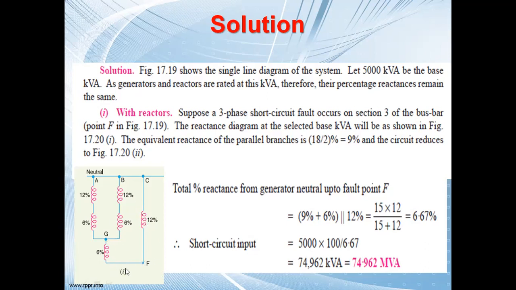Now, if this particular reactance is absent, what is the total percentage reactance between this fault point and the generator point? You first calculate. Then you apply the short circuit capacity, which is the base MVA into 100 by percentage reactance. So you calculate. I want that answer from your end. Please do it.